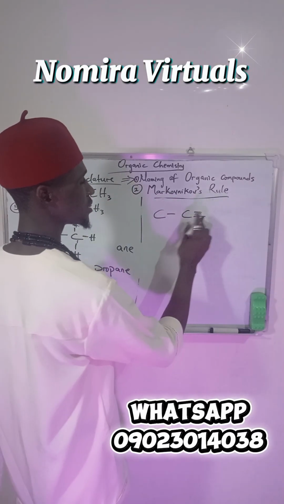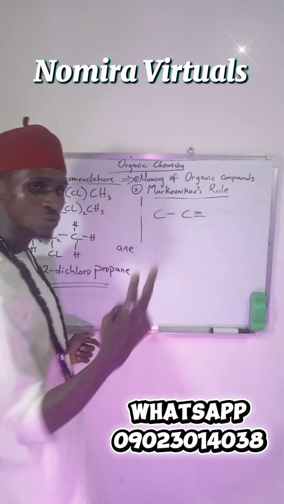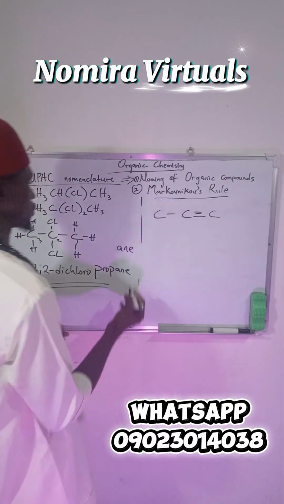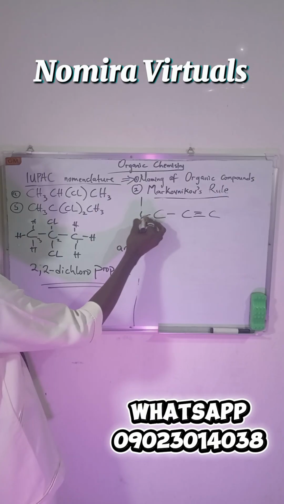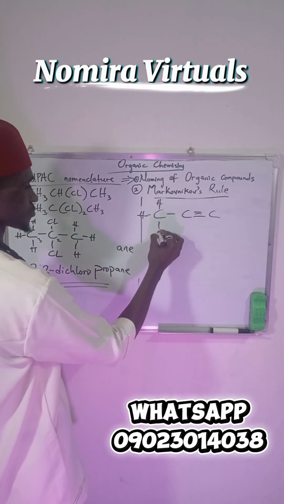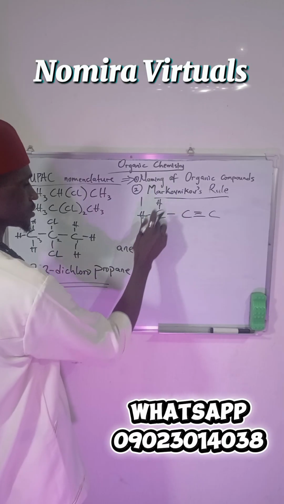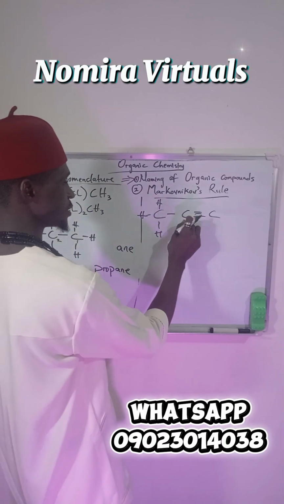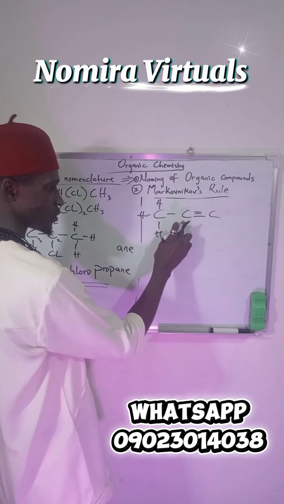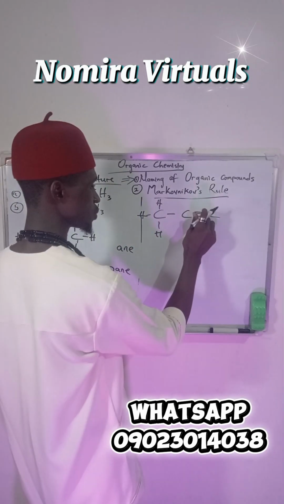Propyne will contain 3 bonds, 2 pi bonds and 1 sigma bond. So we are going to have this, right? So 4 bonds to this carbon. Then this particular carbon has 4 bonds, 1, 2, 3, 4. So it is complete. This one has 1, 2, 3.